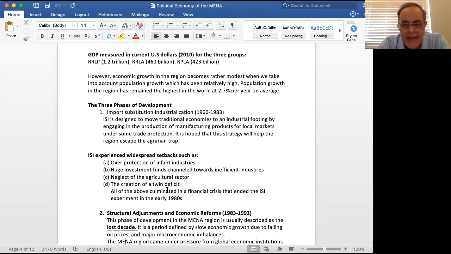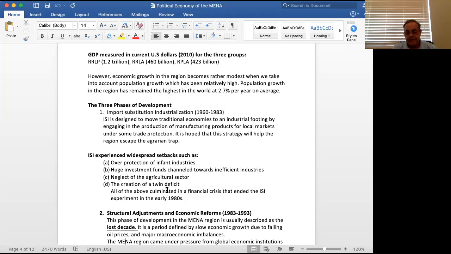Small businesses can't invest in these. And as we all know, the private sector in the MENA region was extremely weak or non-existent during the 1960s. If it existed, it was very, very small. So if the private sector were asked to embark on the ISI strategy, they would be overwhelmed, and they really don't have the funds to do it. So obviously the one who's going to do that is the government.